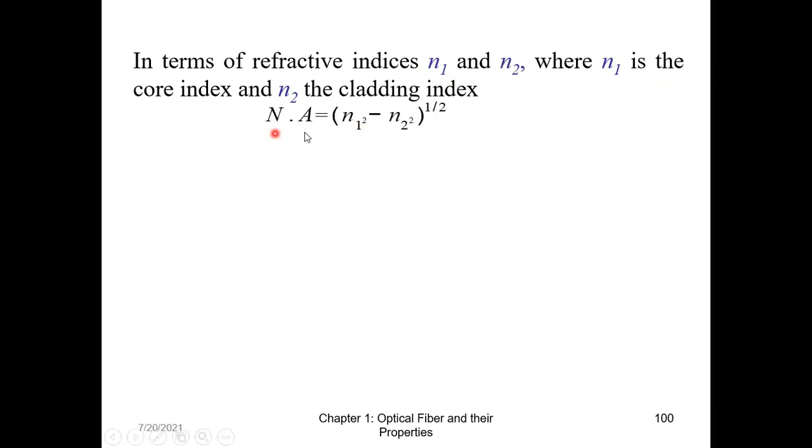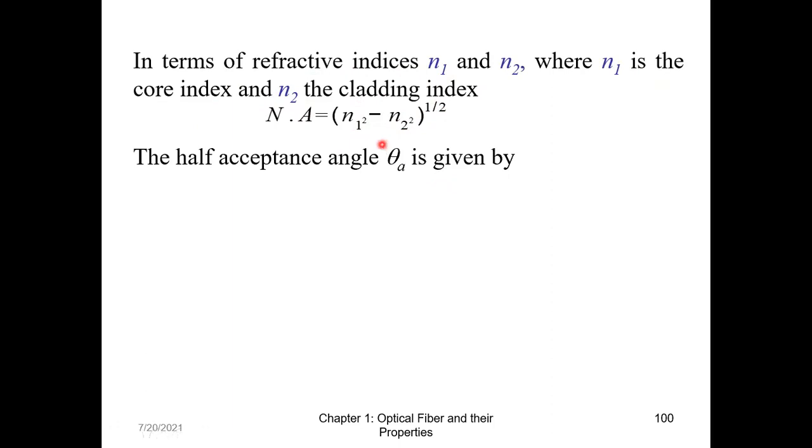So already we have this formula. NA is equal to, here just write N1 square, N2 square, it has moved down due to the formula editing. So NA is equal to the square root of N1 square minus N2 square. Now, the half acceptance angle theta A is given by sin theta A equal to NA.